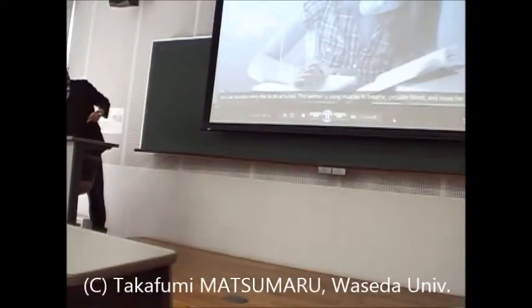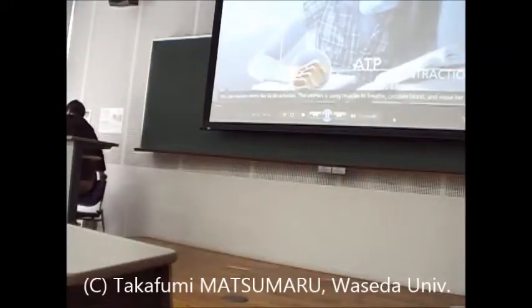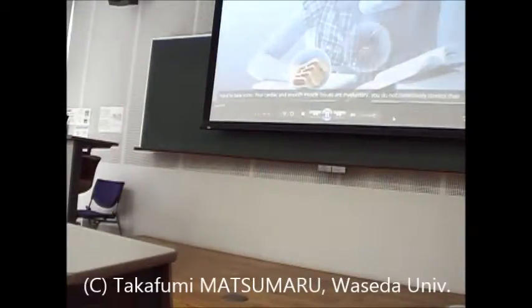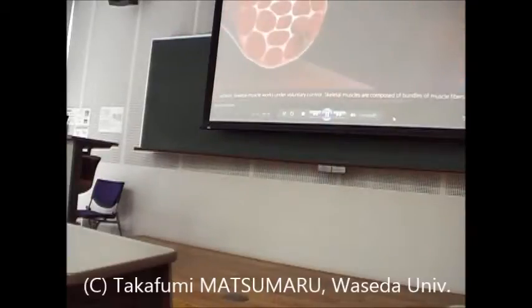You use muscles every day to do activities. This woman is using muscles to breathe, circulate blood, and move her hand to take notes. Your cardiac and smooth muscle tissues are involuntary. You do not consciously control their actions. Skeletal muscle works under voluntary control. Skeletal muscles are composed of bundles of muscle fibers.